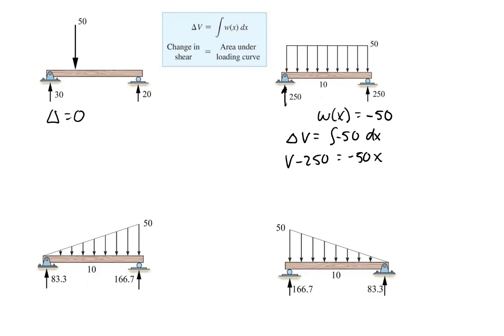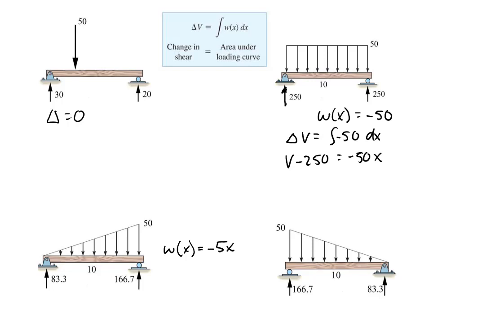All right, how about this one over here on the bottom left? Here the load increases linearly until it gets to 50. And because this is 50 and it takes 10 meters to get there, the slope here is equal to 5. Now, our load as a function of x is going to be negative because these are going down. So I'm going to say that load as a function of x is equal to negative 5x.